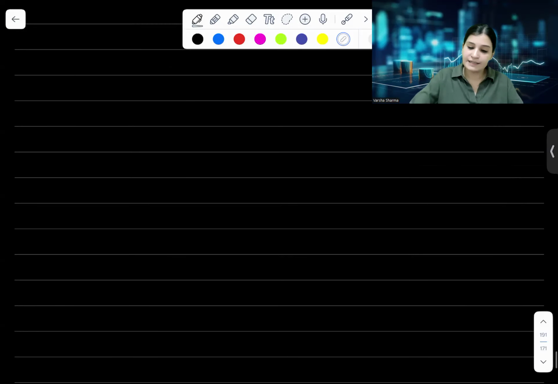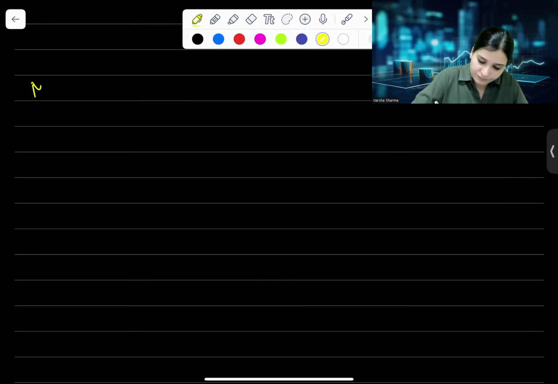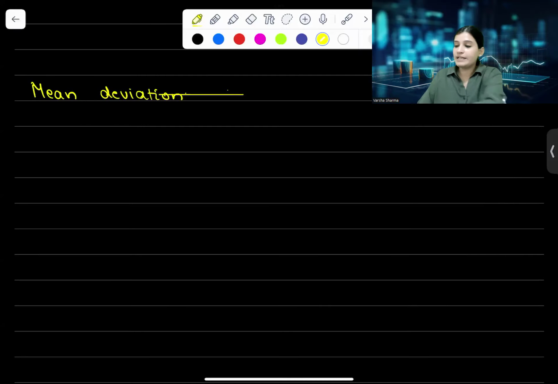Today, we will start mean deviation. The actual definition itself gives you the answer, right? Mean deviation means we need to find the mean of all the deviations.